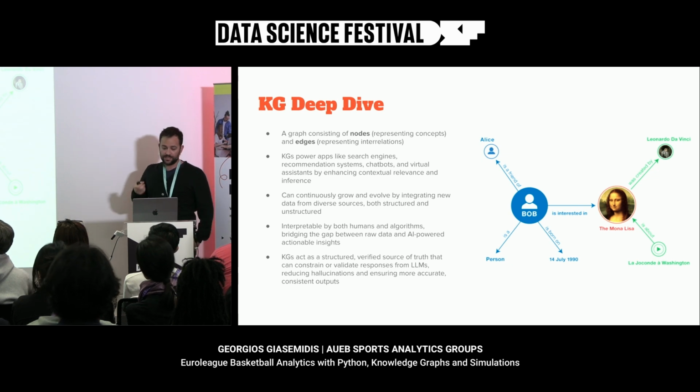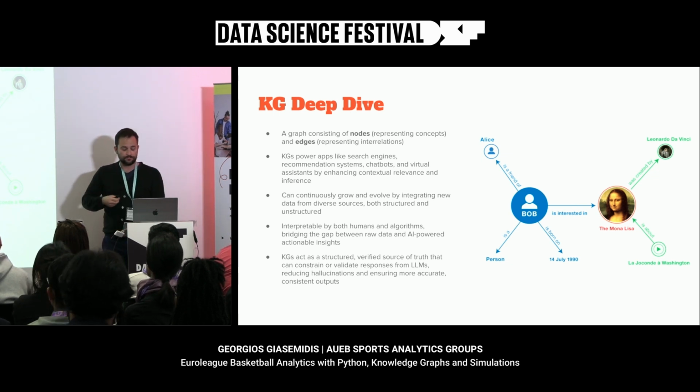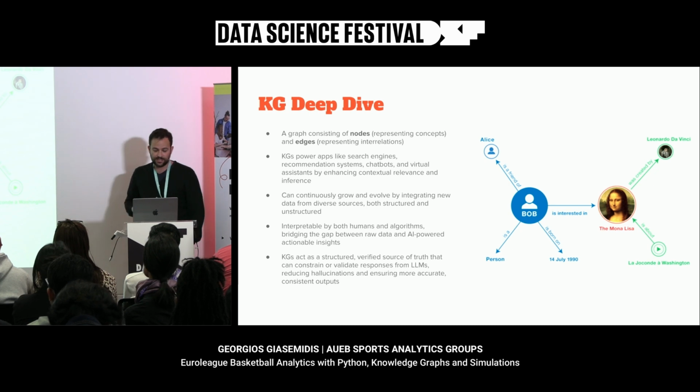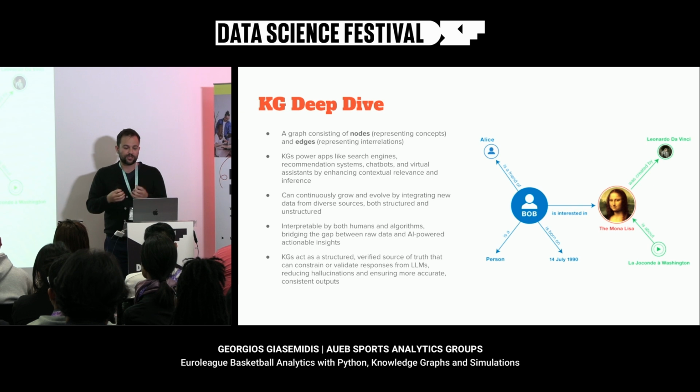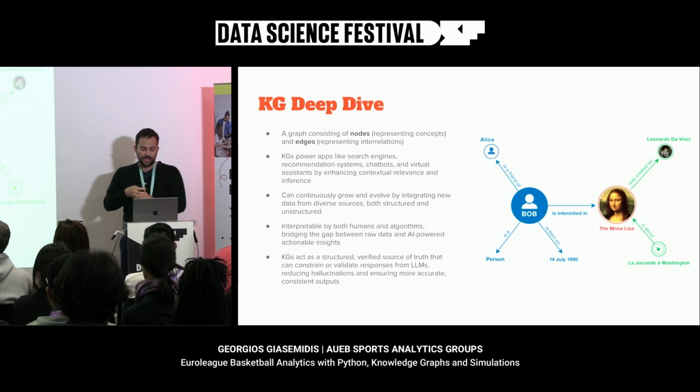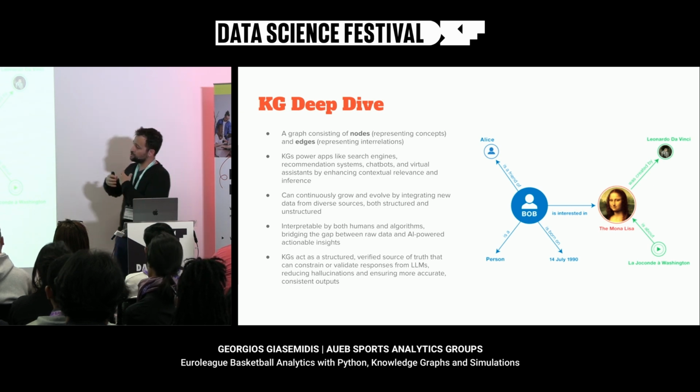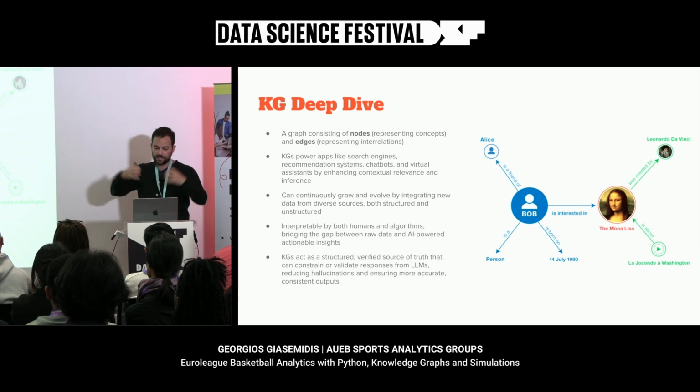And so the point is that knowledge graphs power apps like search engines, recommendation systems, chatbots, and they enhance contextual relevance and inference. Of course, they can continuously grow and evolve by integrating new data sources and information.